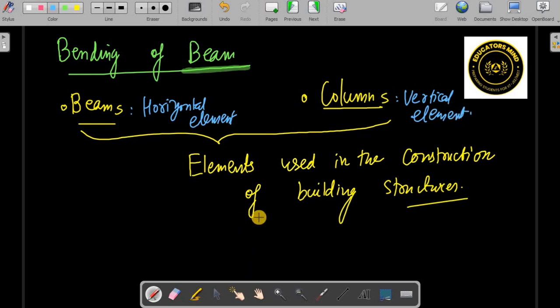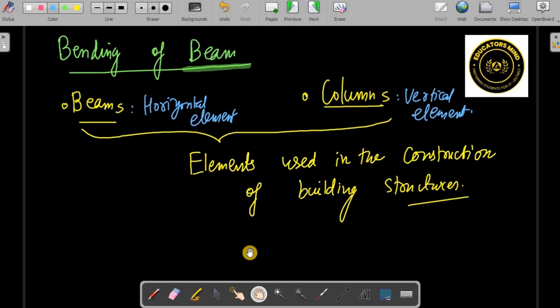If you are in the first year of your engineering, mostly there is a course called Strength of Materials, where you will be covering this in your engineering institutes, particularly in civil engineering, mechanical engineering, even electronics and other engineering. They cover this course in the first year or second semester.